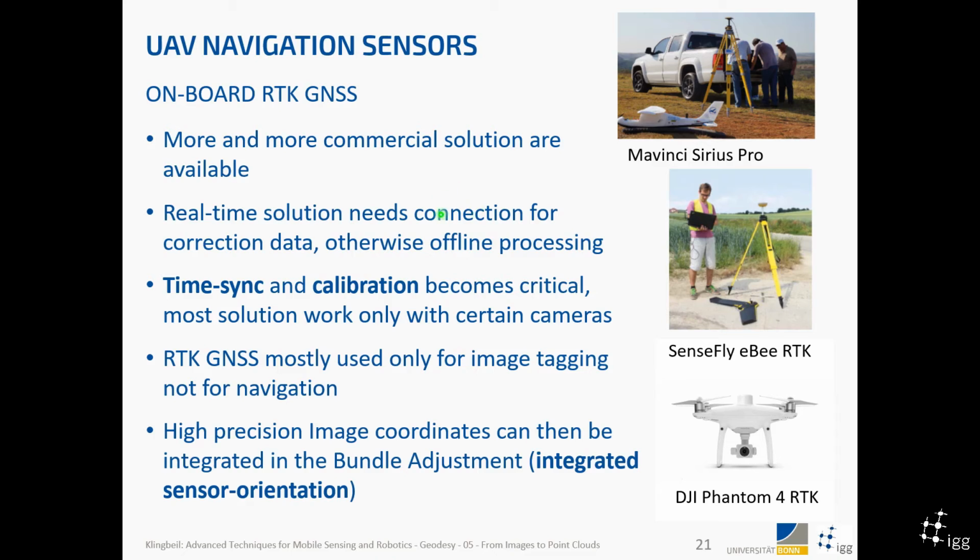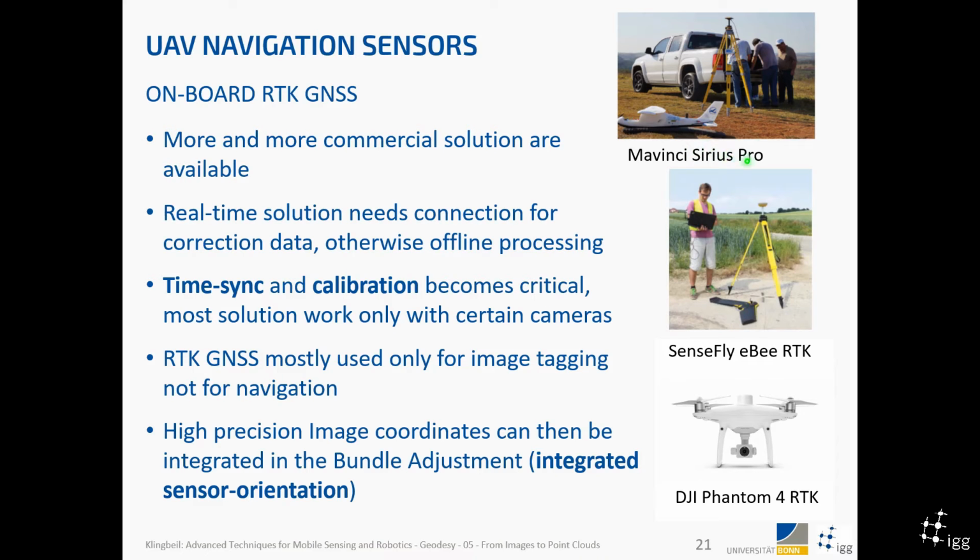Nowadays, there are more and more commercial solutions that add an RTK GNSS receiver to the drone. One of the first who did that commercially was this UAV here. It's actually a small plane from a company called Mavinci, and they have an RTK GNSS receiver on the drone.